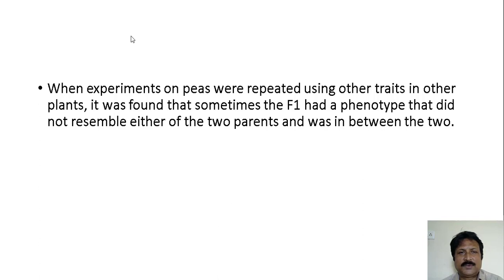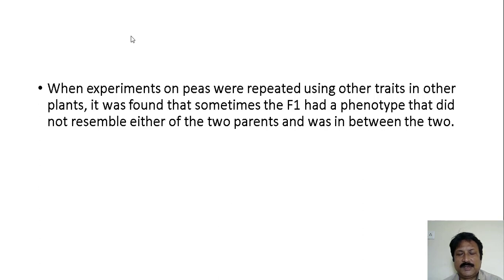Now, when experiments on peas were repeated, Mendel was doing the experiments using different traits, he found certain observations which he recorded. And on the basis of the observations, he formulated the laws. But when some other persons were doing the same experiments, they found certain deviations in the F1 also.